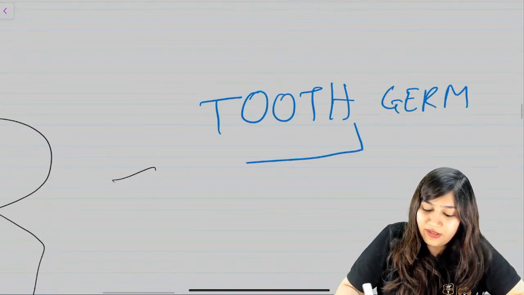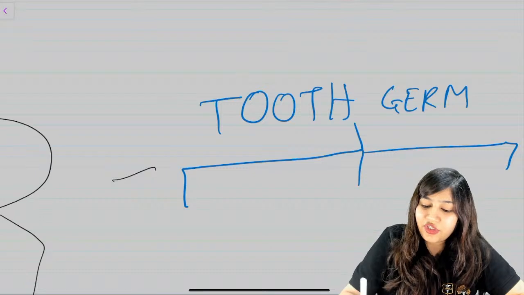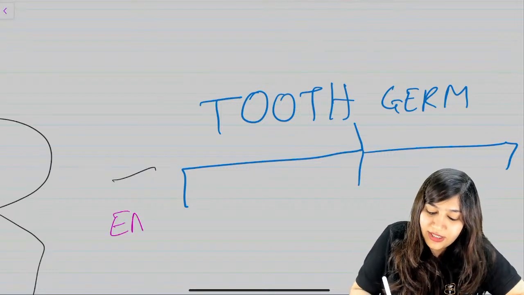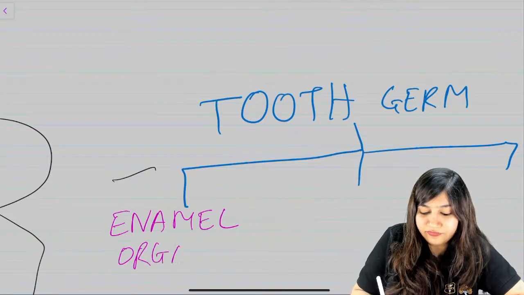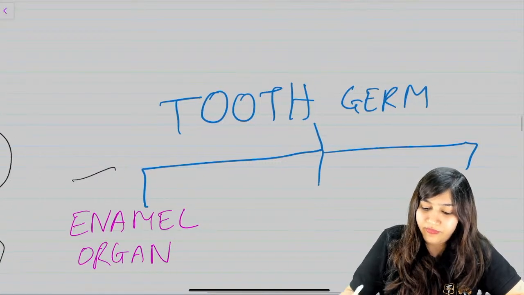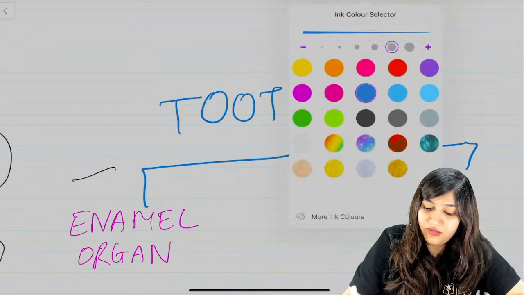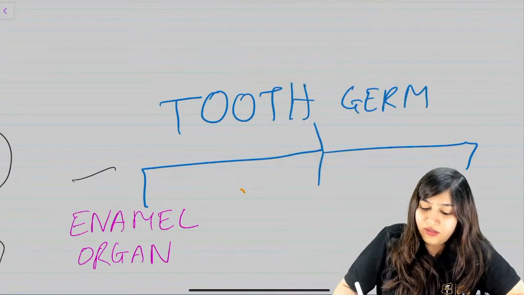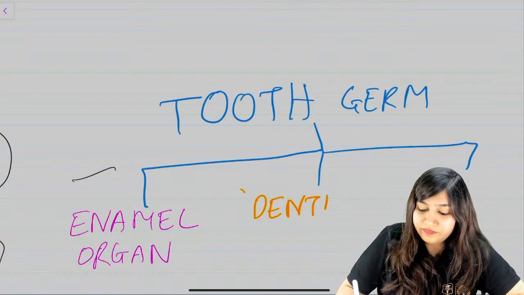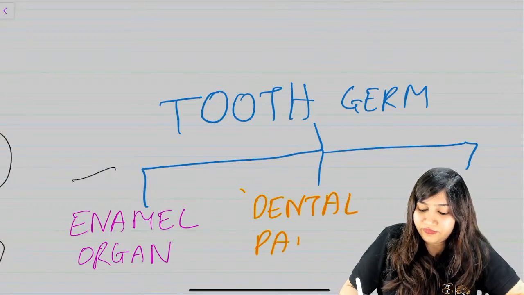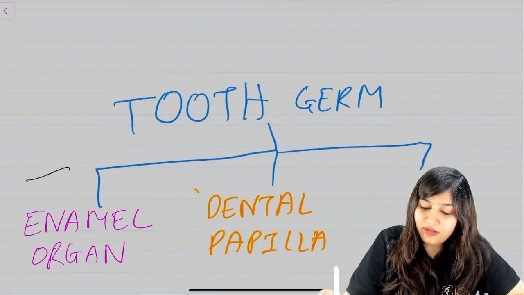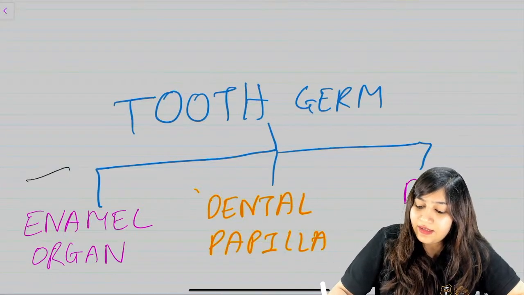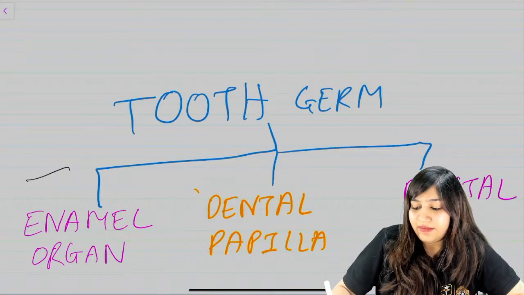So the tooth germ is formed by these three basic structures. Which are the three structures? Enamel organ, dental papilla, and dental sac.